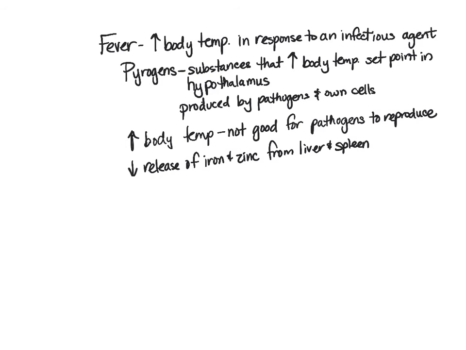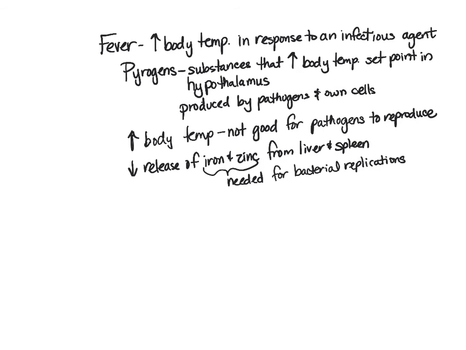And both of these, iron and zinc, are needed for bacterial replication. Meaning that when we have an increase in body temperature, we decrease the release of iron and zinc in the body, and when that happens, then the bacteria don't have the iron and the zinc that they need to reproduce. So not only do we make the temperature not real happy for them, we also try to prevent them from getting the nutrients that they need in order to reproduce.